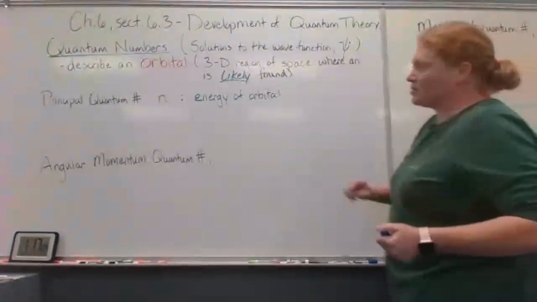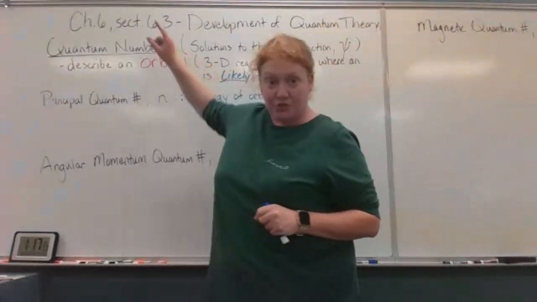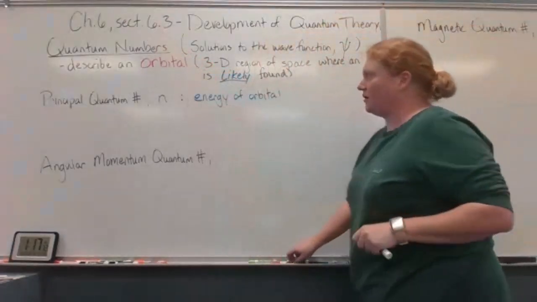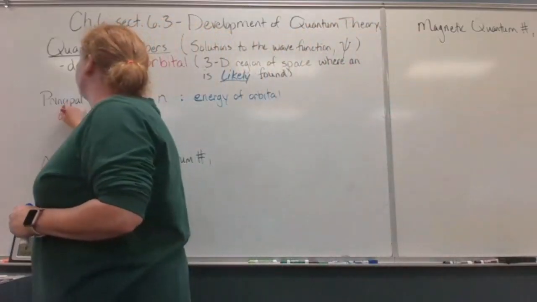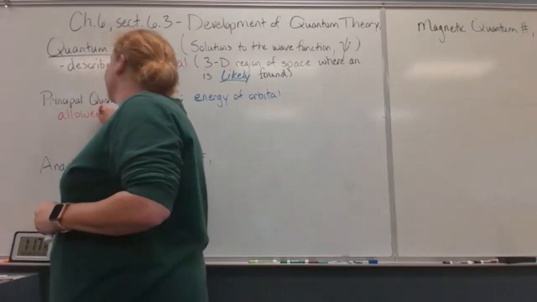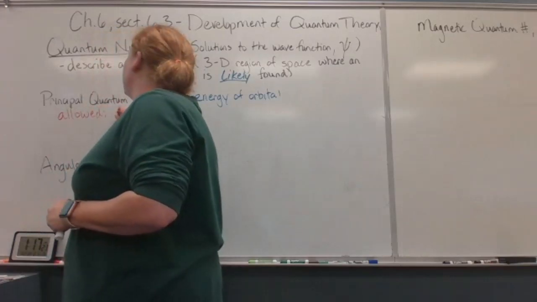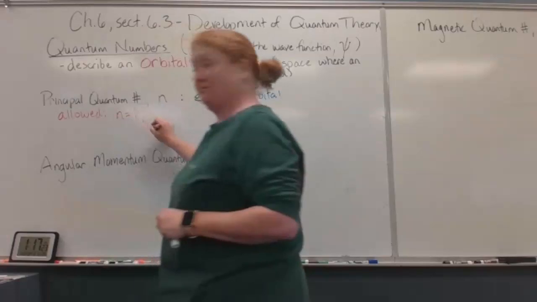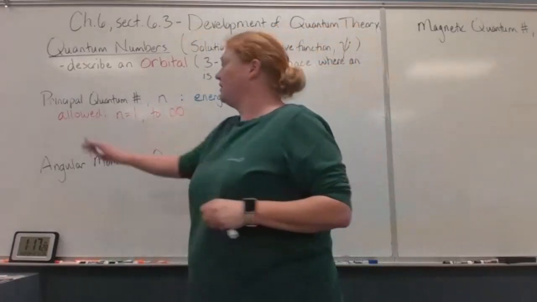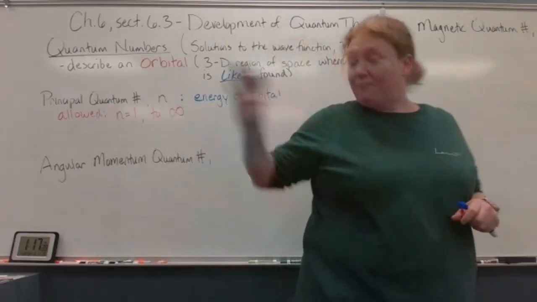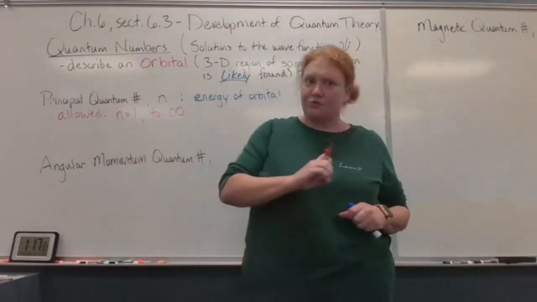What values, what actual numbers, because remember, these are truly integer numbers, are allowed for the principal quantum number? You can have any value from n equals 1 up to infinity. You cannot have a principal quantum number of 0. That value is not allowed.